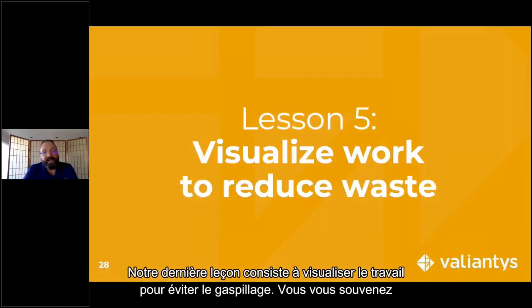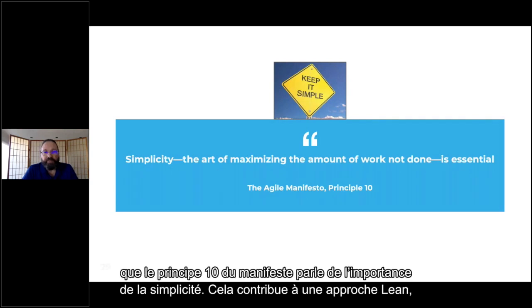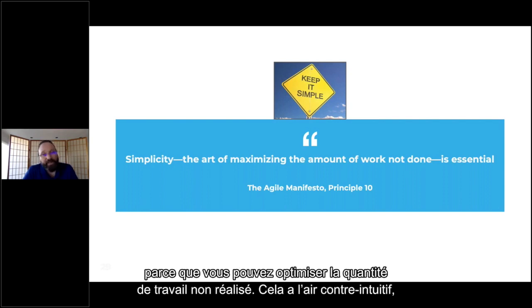Next up, our last lesson is to visualize work to reduce waste. You may recall from the manifesto that Principle 10 speaks of the importance of simplicity. And that helps with a lean approach as well, because then you could actually maximize the amount of work not done.